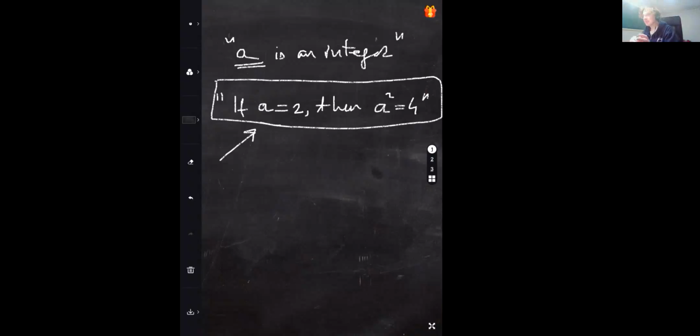Okay. Now, there are some special cases which we can practice. For instance, now the implication, if 2 equals 2, then 2 squared equals 4. In this case, we have that true implies true.